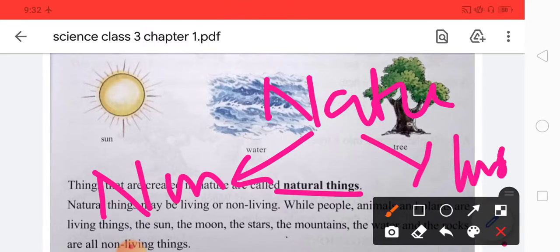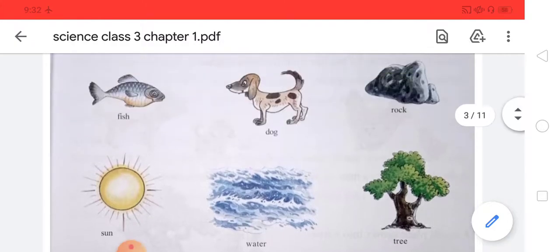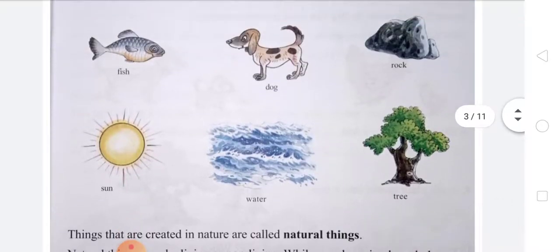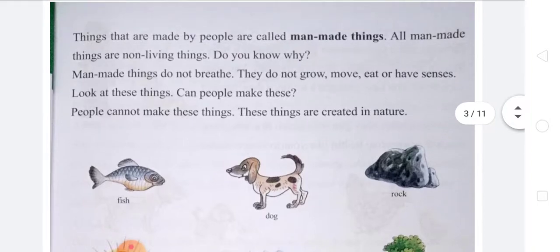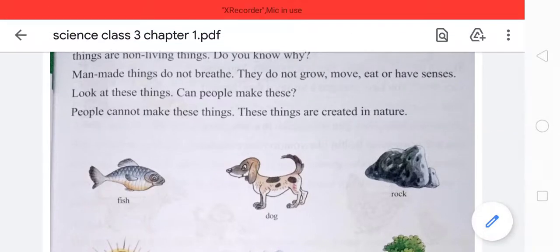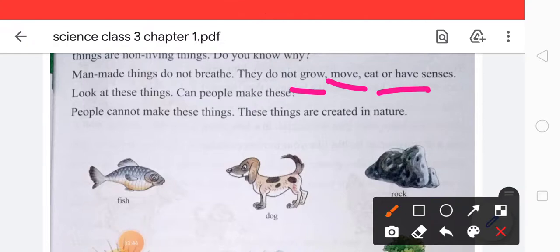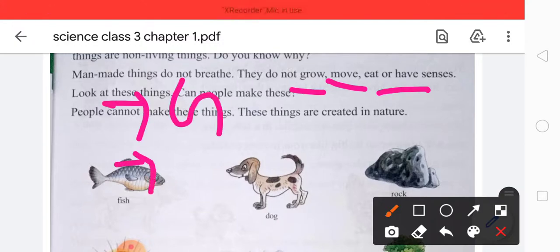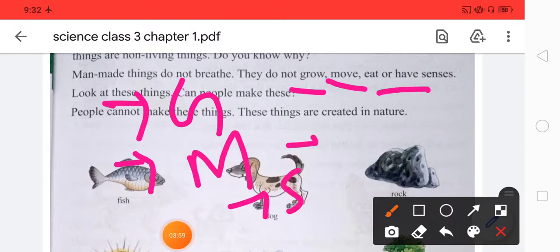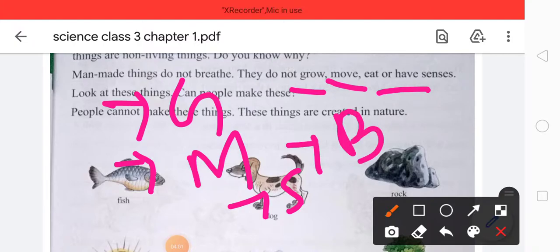Living things are like fish, dog, tree, etc. The things that eat, move, grow, and have senses are called living things. The things that grow, move, have senses, and also breathe are known as natural and living things.